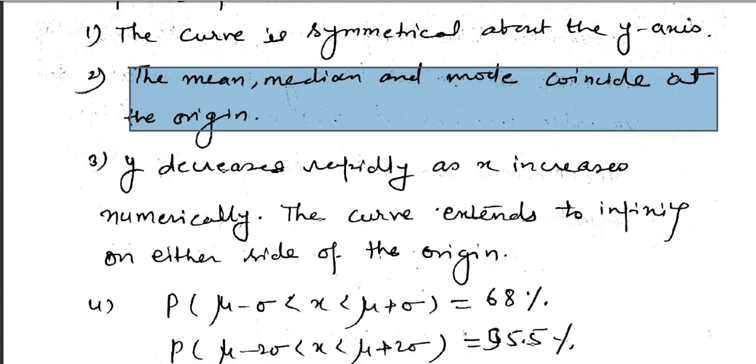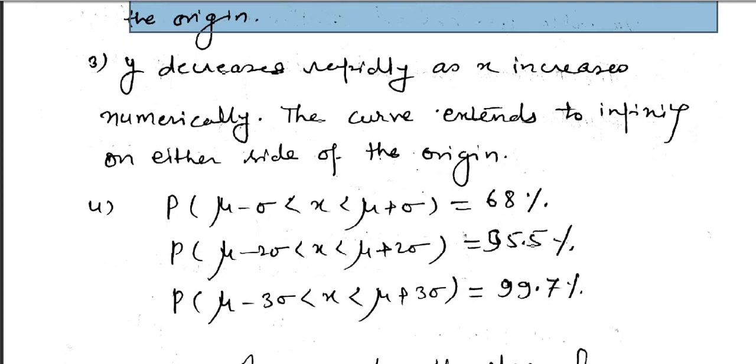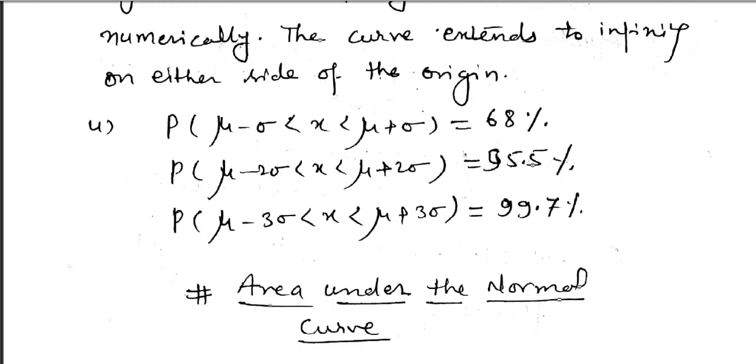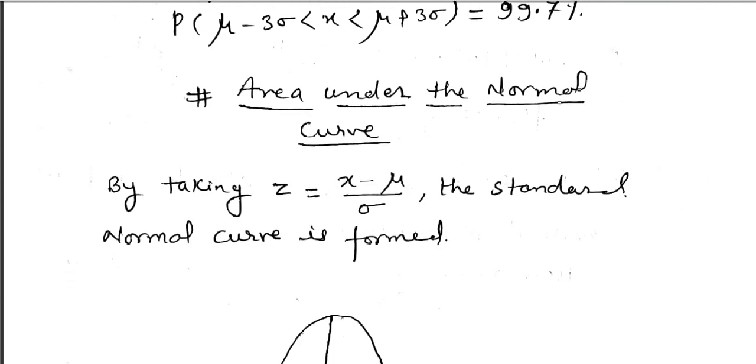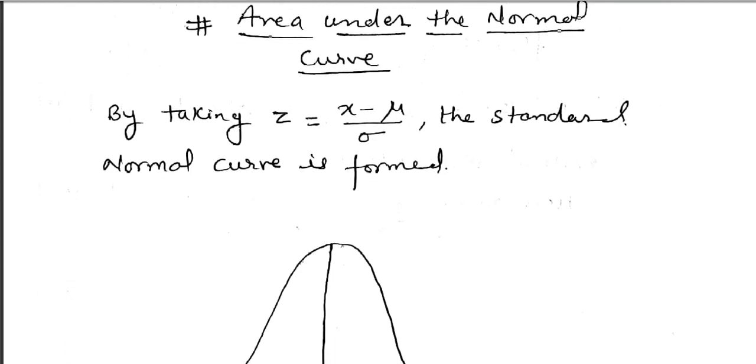The curve extends infinitely, we already discussed. Now what is the area under the normal curve? Very good. We should understand this very carefully, because whenever we have to solve numerical problems based on normal distribution, it will be very useful for us.